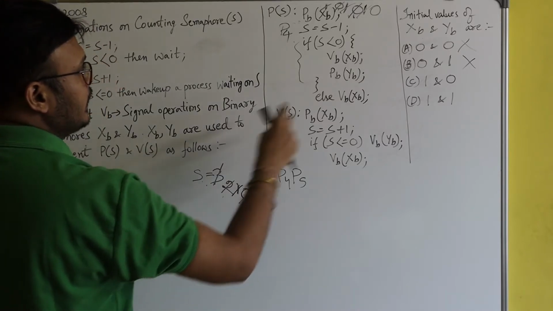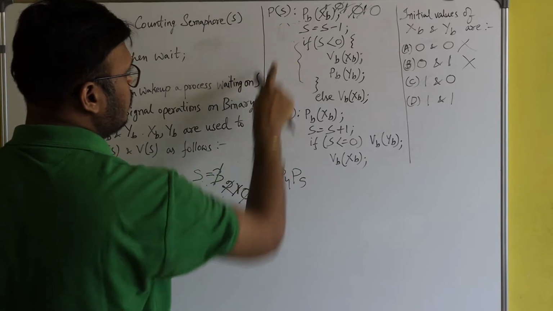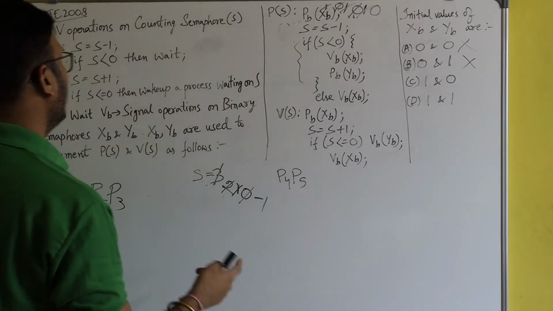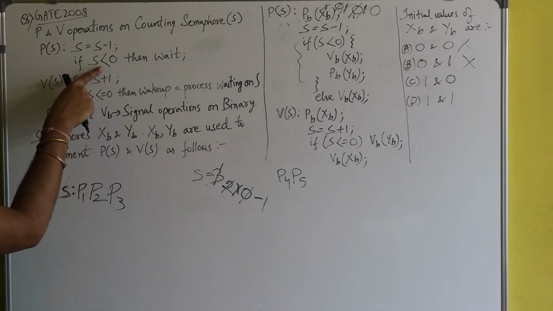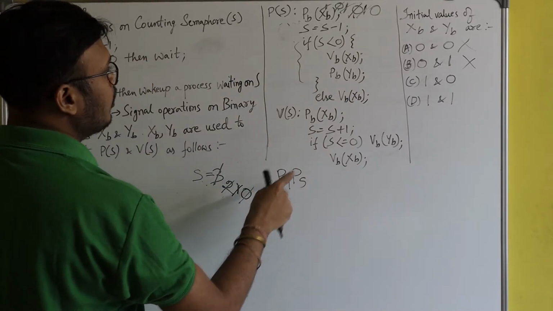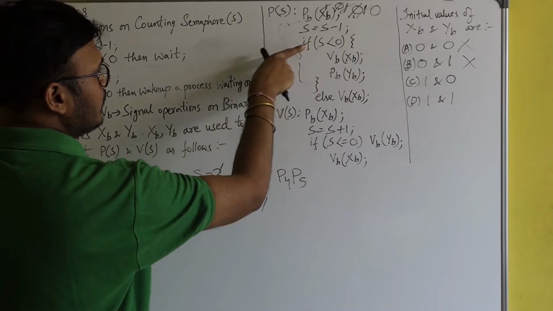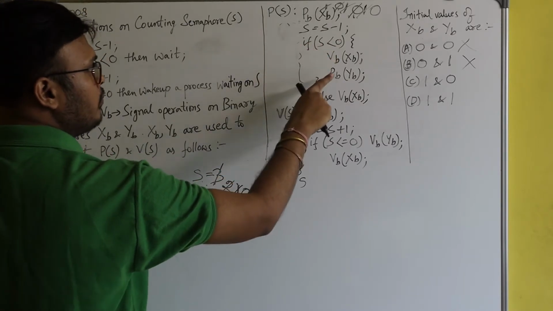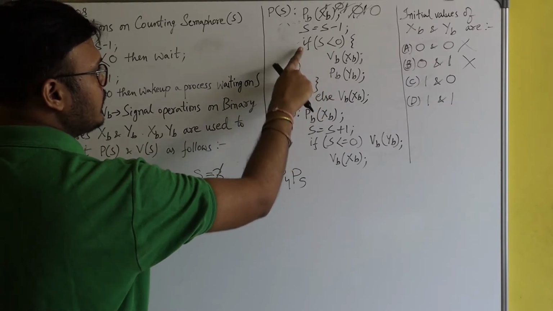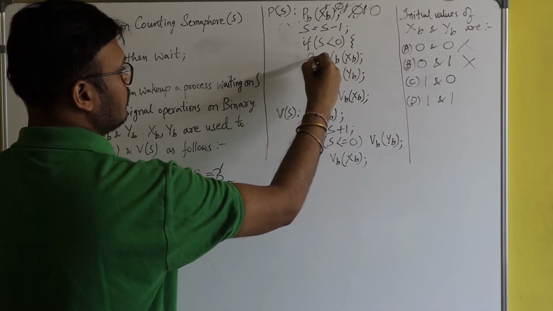Since this condition is true, P4 will be blocked. If S less than 0, then wait, so P4 will be blocked. Since the if condition is true, P4 has to execute these lines. So here you see, now P4 is here.